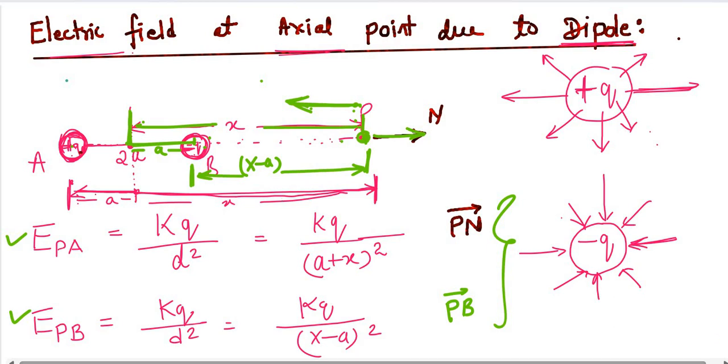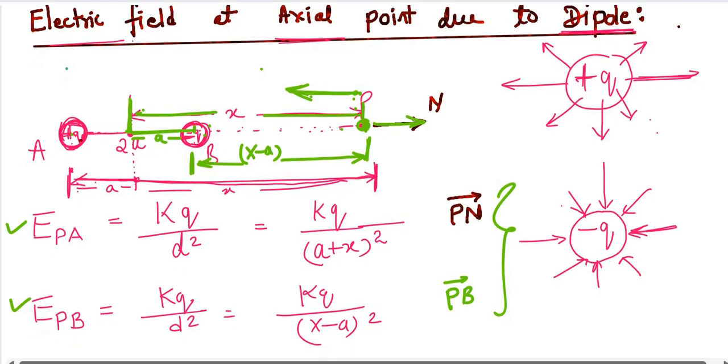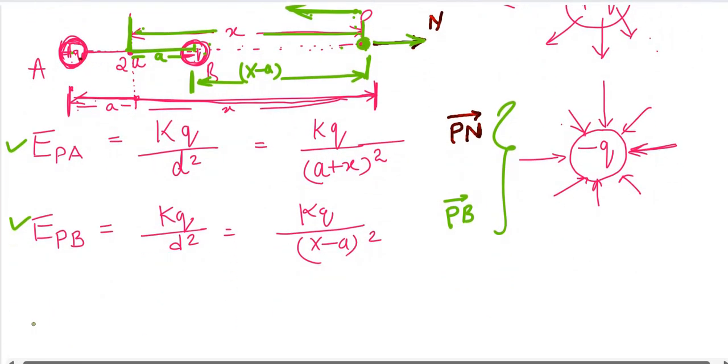So what will be the net electric field? What should we do to find the net electric field? Should we add these two or subtract? They are both in opposite directions. Electric field, always remember, is a vector quantity. If they are in the same direction, we are supposed to add.